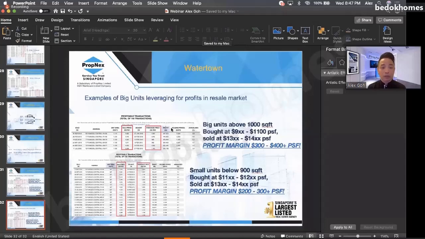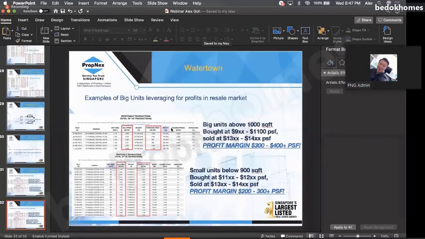So whenever I want to buy a property, I will look at the overall property itself. Based on that area, what type of units will have more demand? If the type of unit with more demand is at the lower per square foot, those are the units I will want to buy. Okay, so going back to the question, most of the smaller units command a higher PSF in the new launch market, even in the resale market.